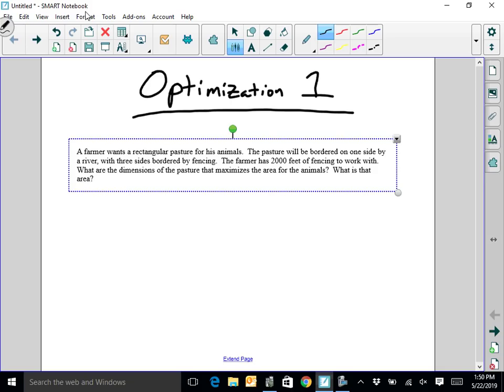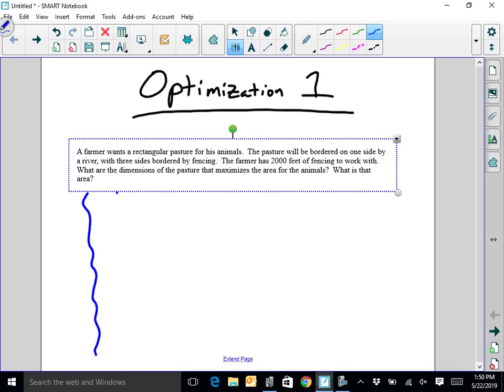Okay, so first off, let's get a sketch of what's going on here. We're putting this pasture in, but it's important to know that there's a river. The river will be one of the sides of the pasture, so we won't need fencing on that side. So let's take a look. Here we have this river.